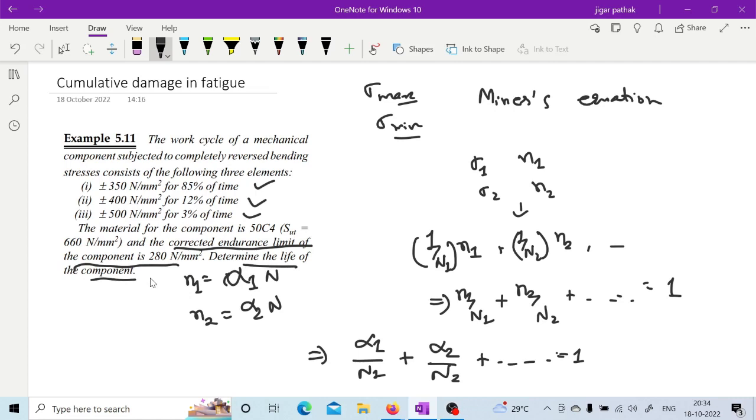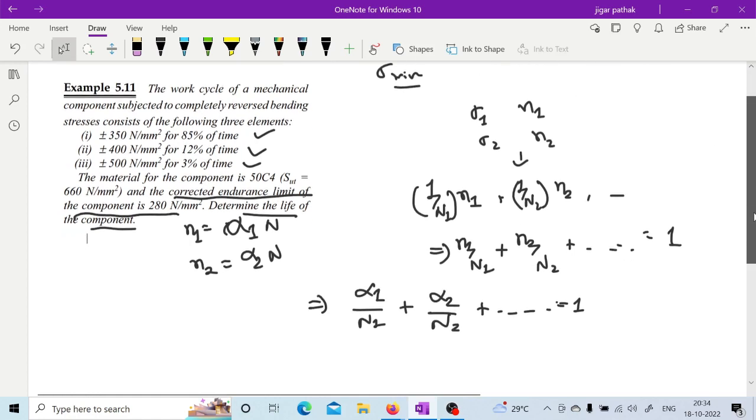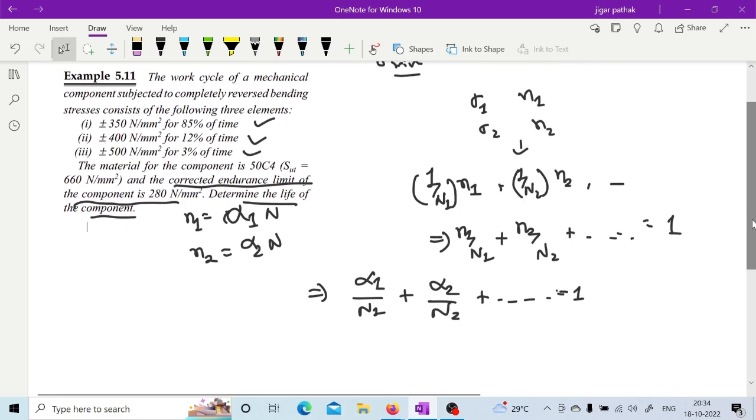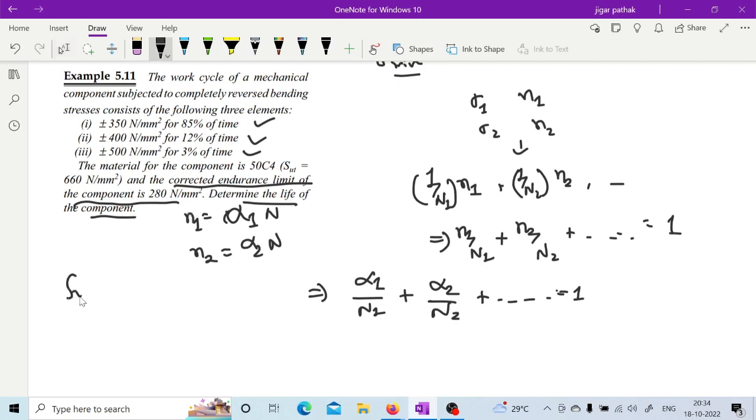So please try this problem. SUT and SE are given, right? SUT is 60 Newton per mm square and SE is 280 Newton per mm square.